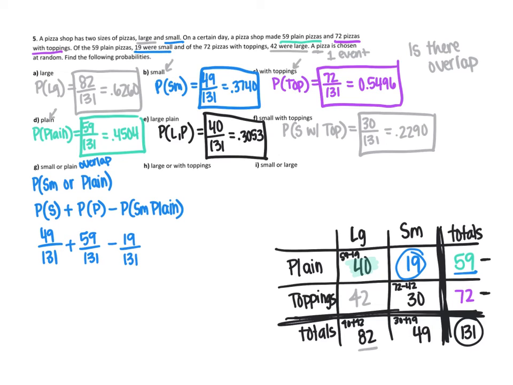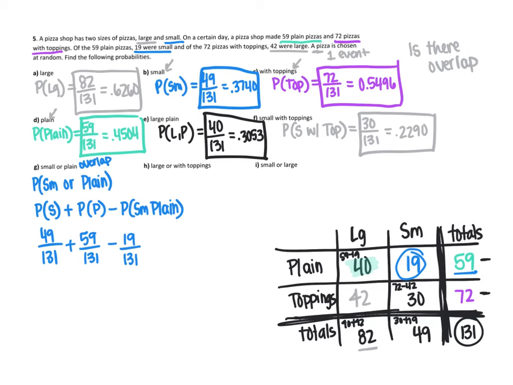Because if you think about it, I counted them when I calculated 49 small pizzas. That 49 was made up of the small plain pizzas plus the small topping pizzas. But then this 19 also got calculated in when I counted the plain pizzas. So the plain pizzas were made up of the large and the small. So I counted those 19 two times. That's why I have to subtract them out.